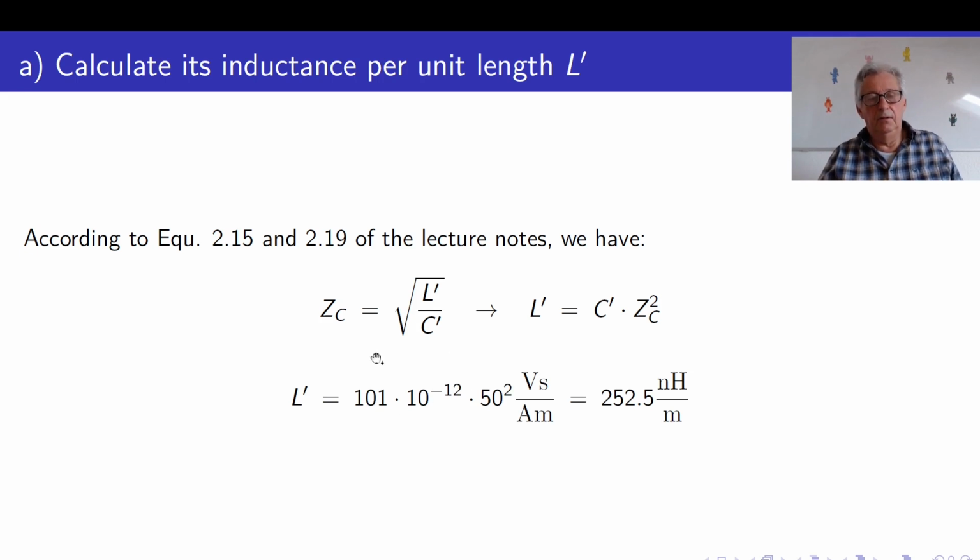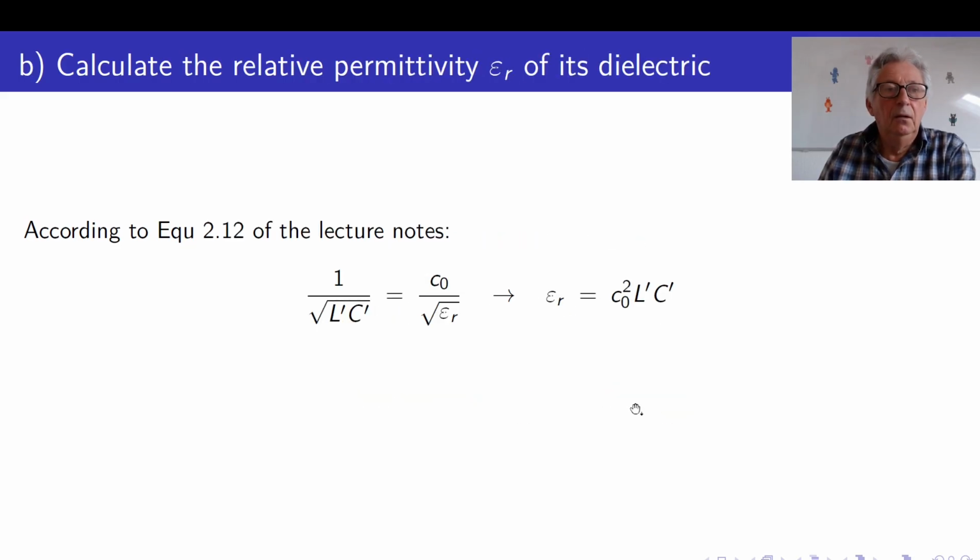We have here the 100 picofarad per meter times the square of 50 ohm. This gives, for the inductance per unit length, 252.5 nanohenry per meter.